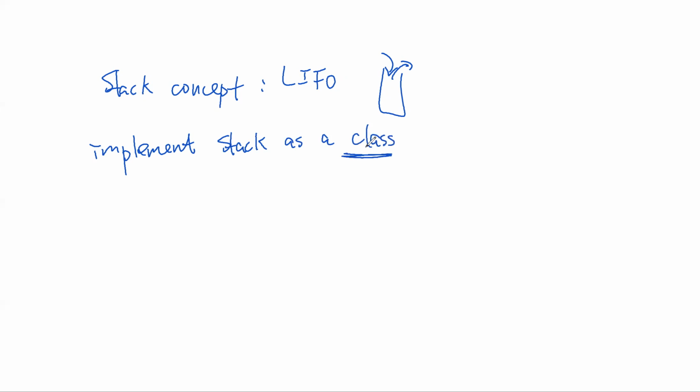A class, we already know, is just a blueprint to categorize a certain category of objects. So we are going to implement it as a class using array. And later on in your lab, you're going to see you can implement them in array list.